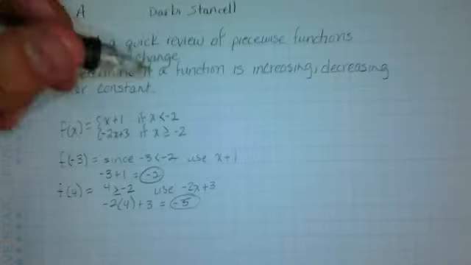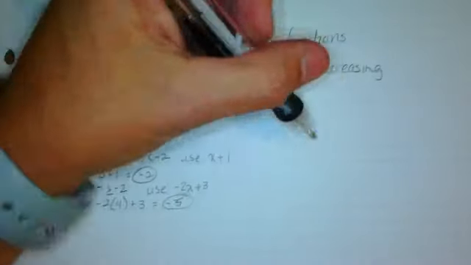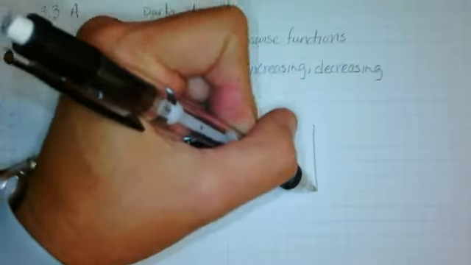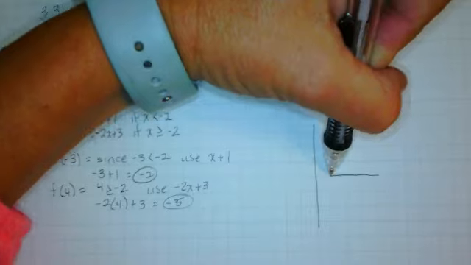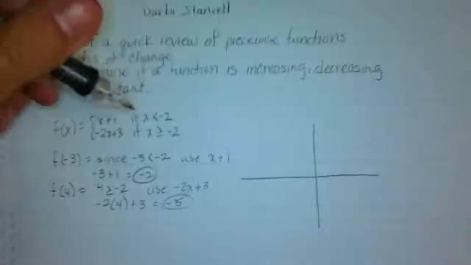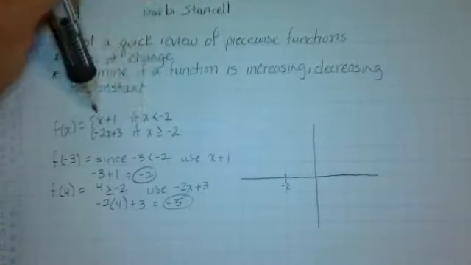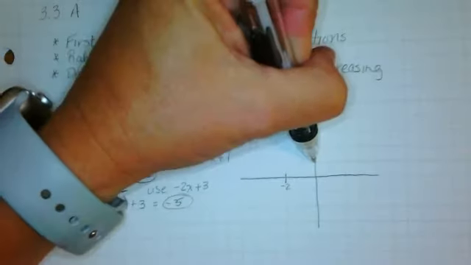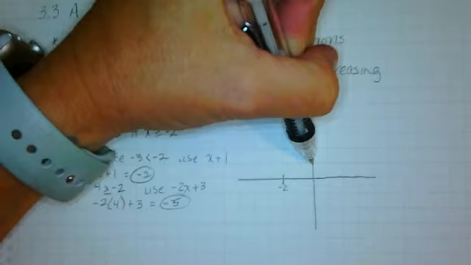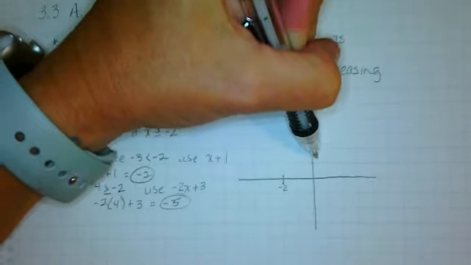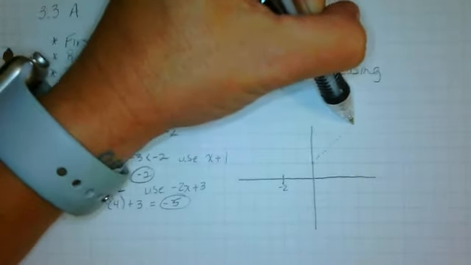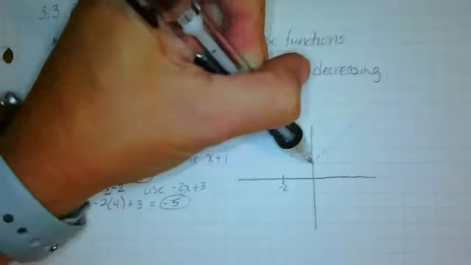It wants you to write the domain. If you were to graph this function, the magic number here is negative 2. The actual graph of x plus 1 has a y-intercept of 1, and it actually goes forever with a slope of 1.